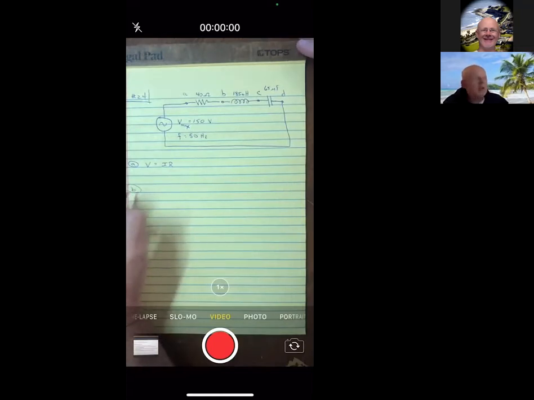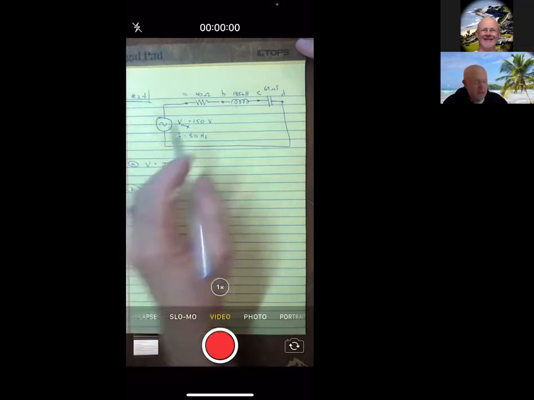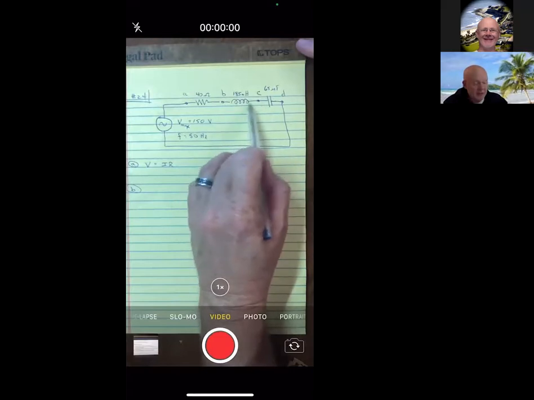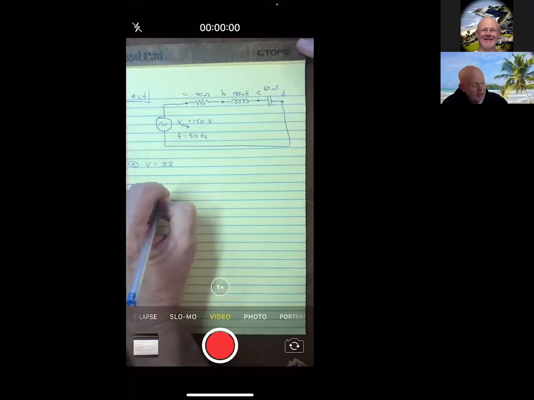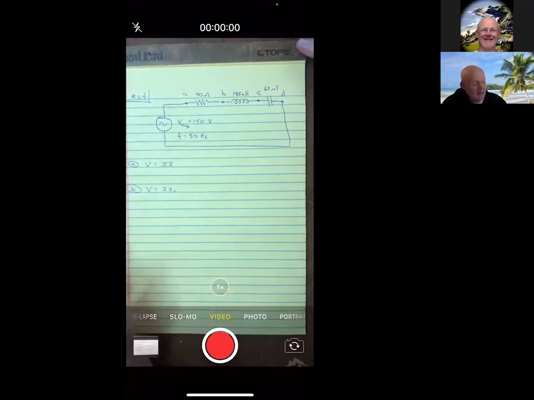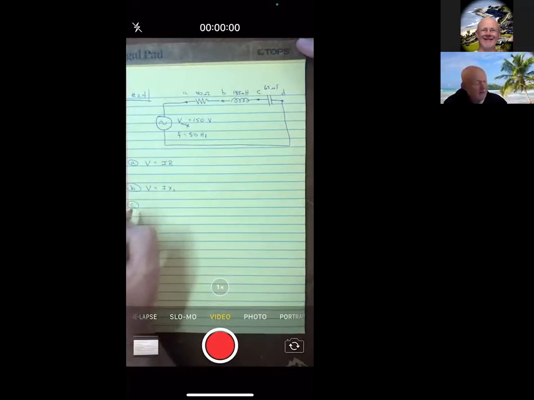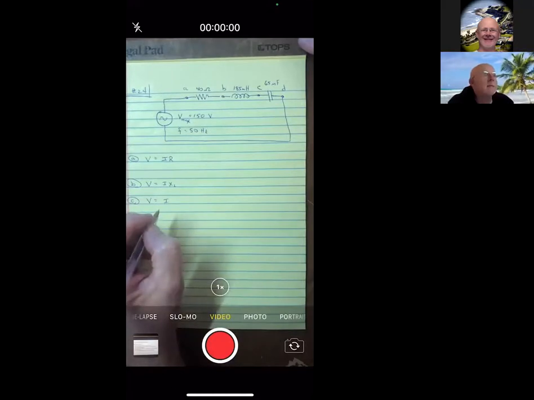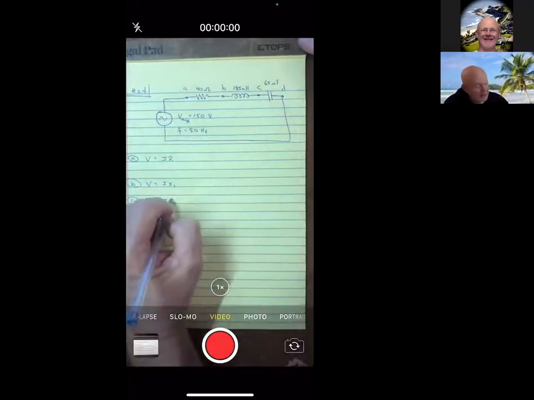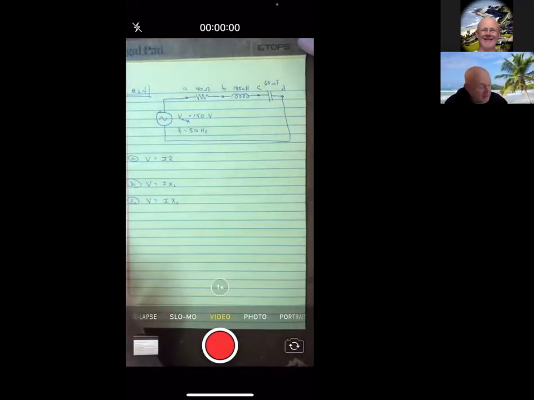And in B, which says between B and C, so this is an inductor, we can get the voltage as current times the reactance of the inductor. And in C, we can get the voltage by saying it's the current times, let's see, C and D, the reactance of the capacitor.